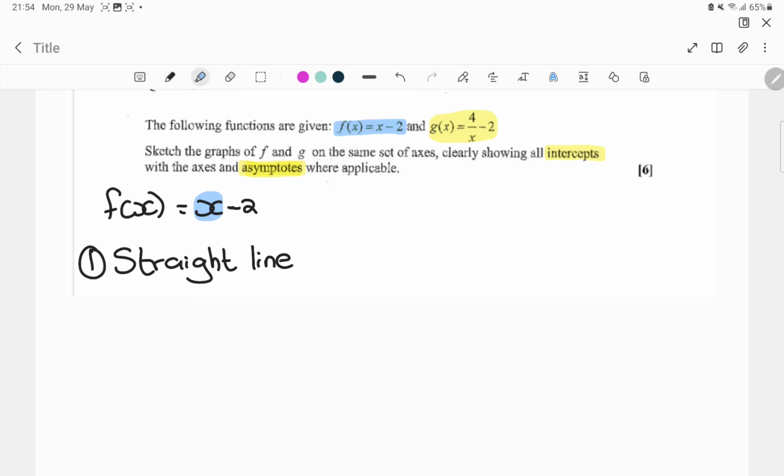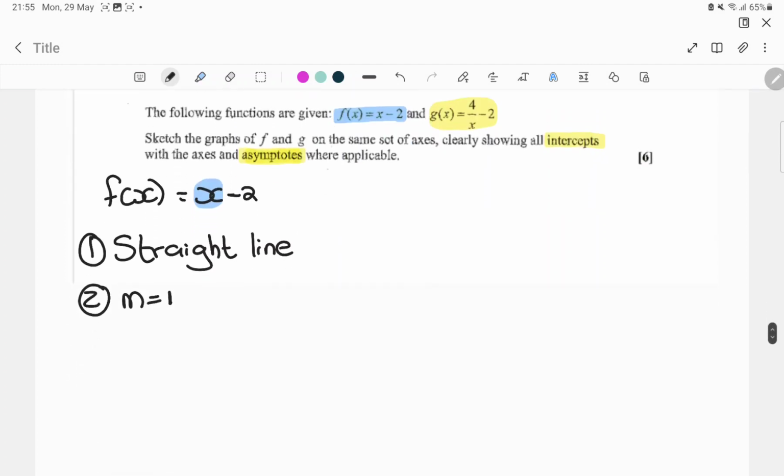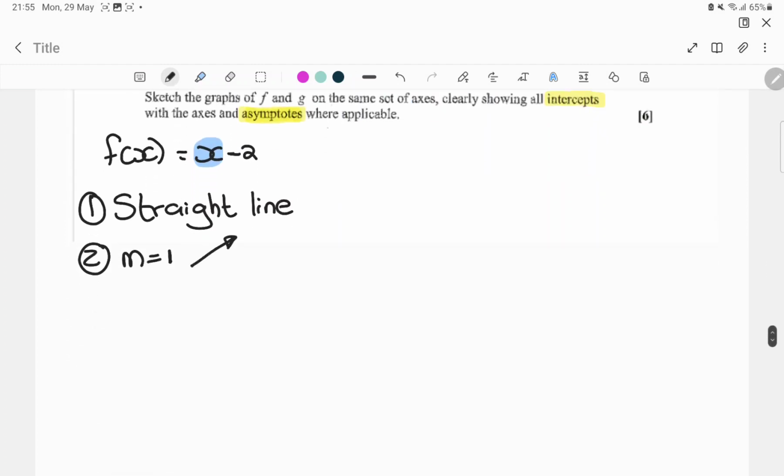Then my second point is my m value or my a value. My m is equal to 1, meaning that this will be an increasing function. Then the third thing I look at is my asymptotes. Obviously a straight line doesn't have any asymptotes, so it is not applicable.